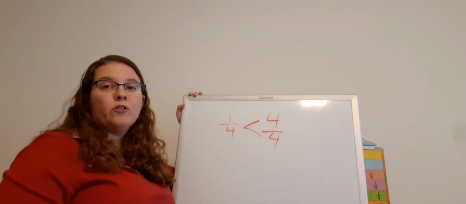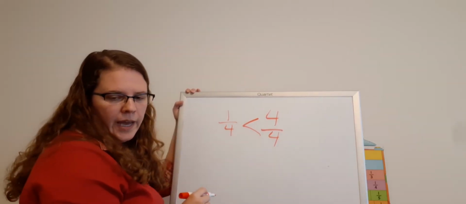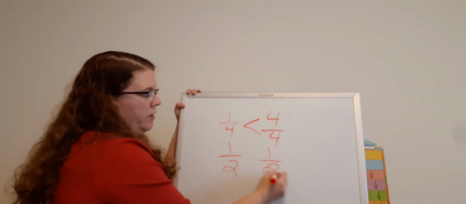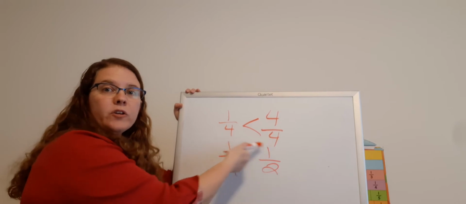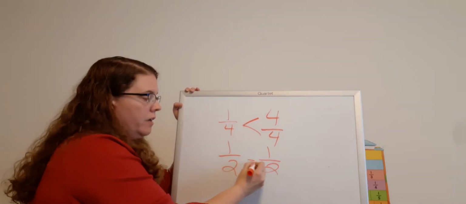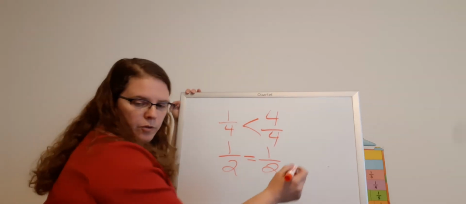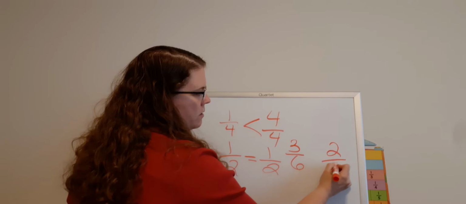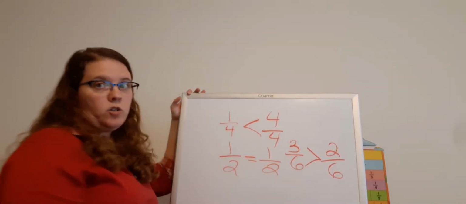And I know 4/4 equals 1 whole. Let's see, 1/2 and 1/2. Well, my denominators are 2, but my numerators are 1. They're the same number, so they are equal. And then 3/6 and 2/6. So 3/6 is greater than 2/6.